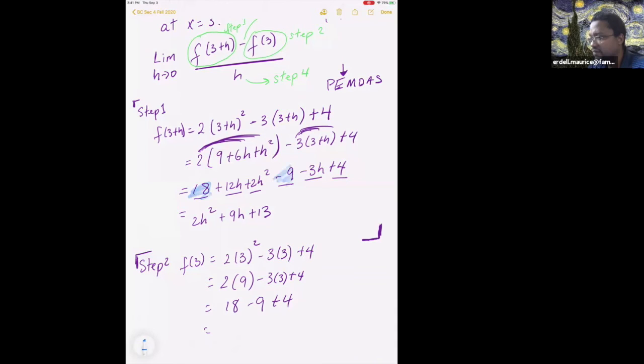I wonder why that happened. 18 minus 9 is 9. 9 plus 4 is 13. And that's the end of step number 2. Questions there?